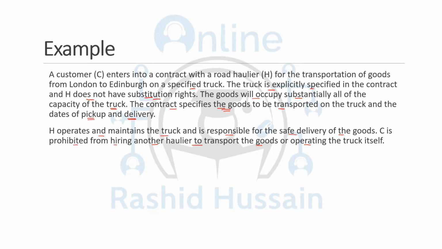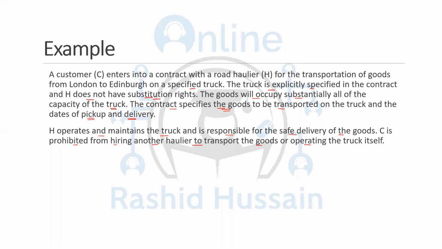The goods are being specified that, okay, you can only take those goods on the truck and at the particular dates and the particular time. So that means it's basically a contract for service. That means they're giving them the cargo service, the pick and drop service, rather than leasing a truck itself.